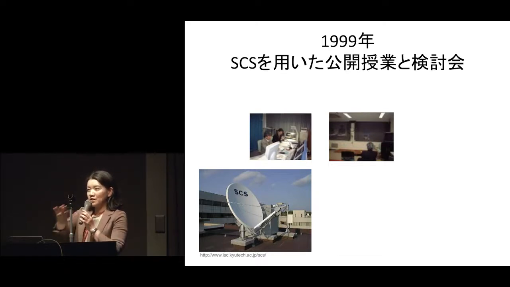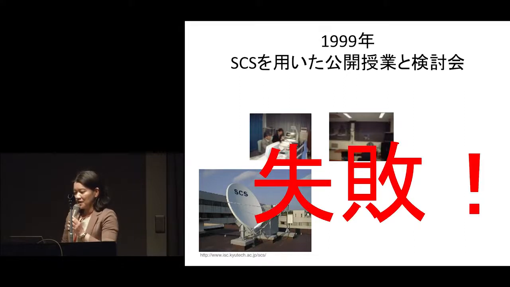And so we tried SCS to connect the Kyoto-U class with the other faculty's office, but this was a failure. We were able to broadcast our class, but in those days, this class was not recorded. So you had to sit in front of your PC for 90 minutes and observe the open class. And simply observing the class for 90 minutes was very boring.